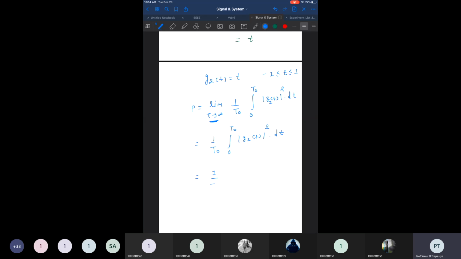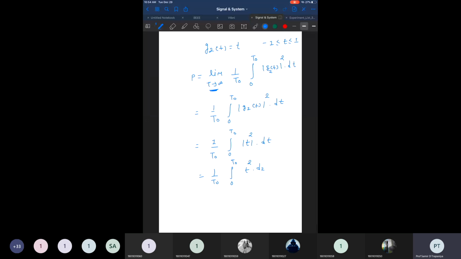And g2 of t is t, so I place this as t square, actually the absolute value of t square or t square directly. Since t is considered a real number, the absolute value itself becomes t. That is t square dt. Now if you take the integration, it is t cube by 3.